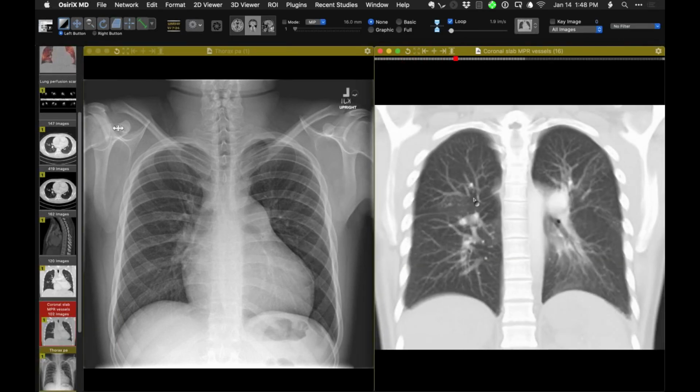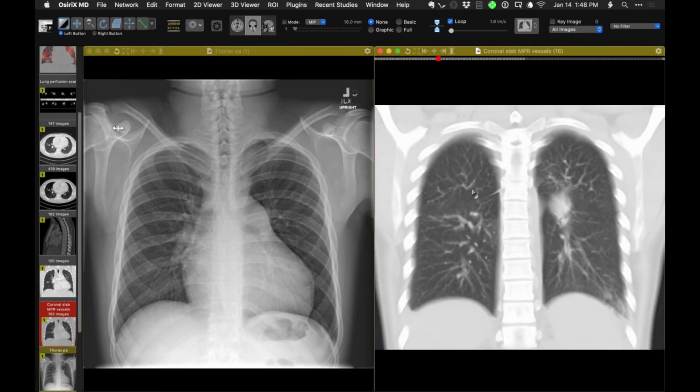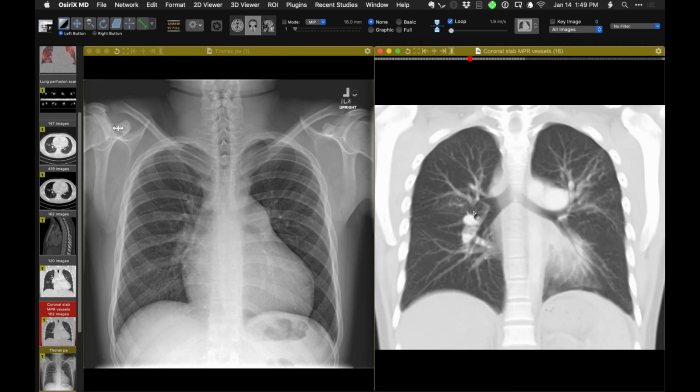And if you look at the pulmonary vessels, the subtle finding here is the difference in the caliber of the pulmonary vessels in the left upper lobe or left upper lung compared to down here. One can see vessels here, but they're unusually small. So here we have dilatation of vessels, and here we have small vessels.